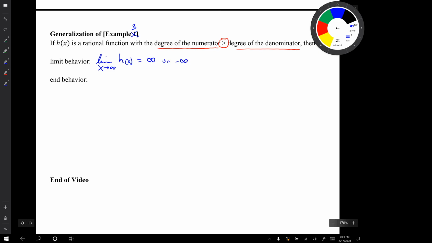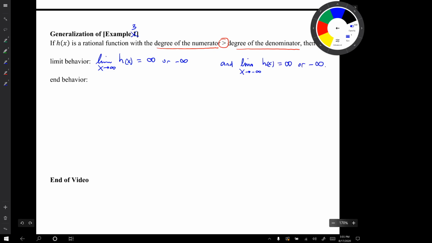The limit as x goes to infinity of h of x in general would either be infinity or negative infinity, and the limit as x goes to negative infinity of h of x in our example was negative infinity, but in general, for functions of this type, the limit would turn out to be plus infinity or negative infinity, depending on the function.